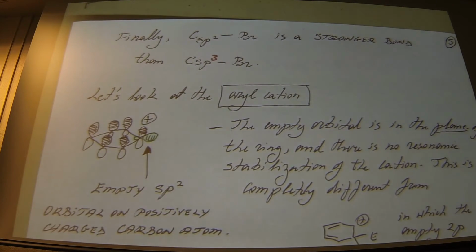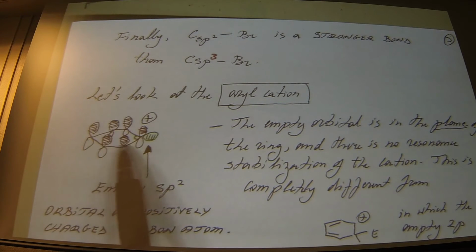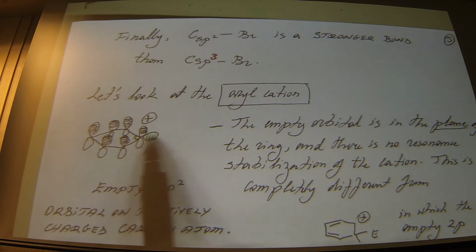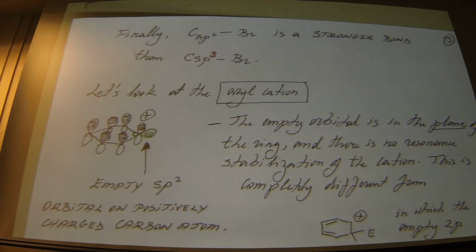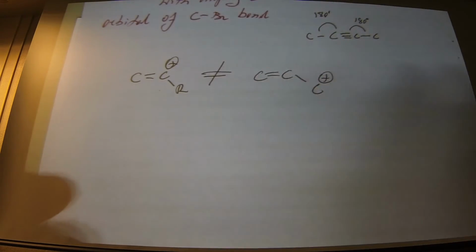And I've tried to do the same thing for the aryl case that I did for the vinyl cation. So I've shown the sp2 hybrids all around the ring, and then I've shown the empty green sp2 orbital that is on a positively charged carbon atom. Now, remember that when I'm looking at this cation, I'm looking at something that looks like this, right?